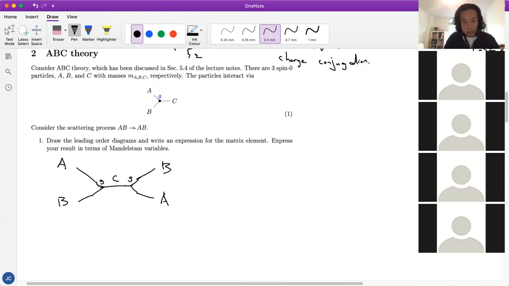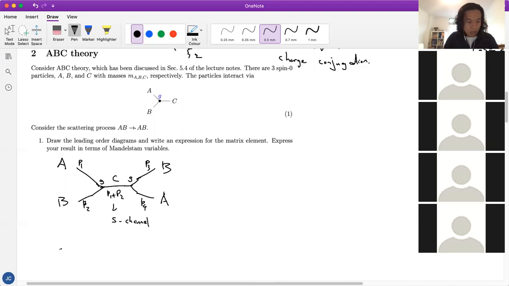If you ask what the momentum of the propagator C is going to be, it's going to be the sum of the, so if this is, let's call this p1, p2, p3, p4, the particle C doing the propagation is going to have momentum p1 plus p2. And if you recognize, that's the s Mandelstam variable, the center of mass frame. So we call this the s channel.